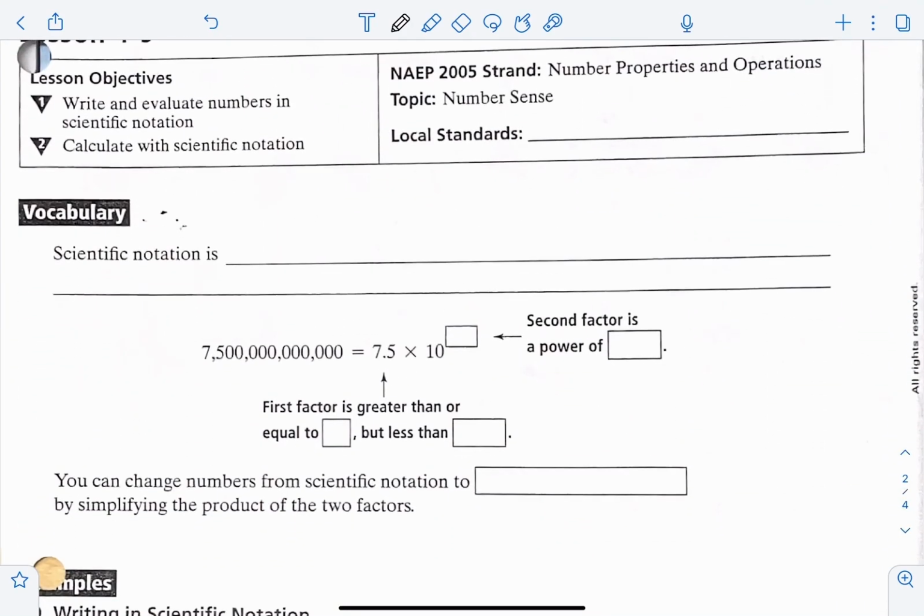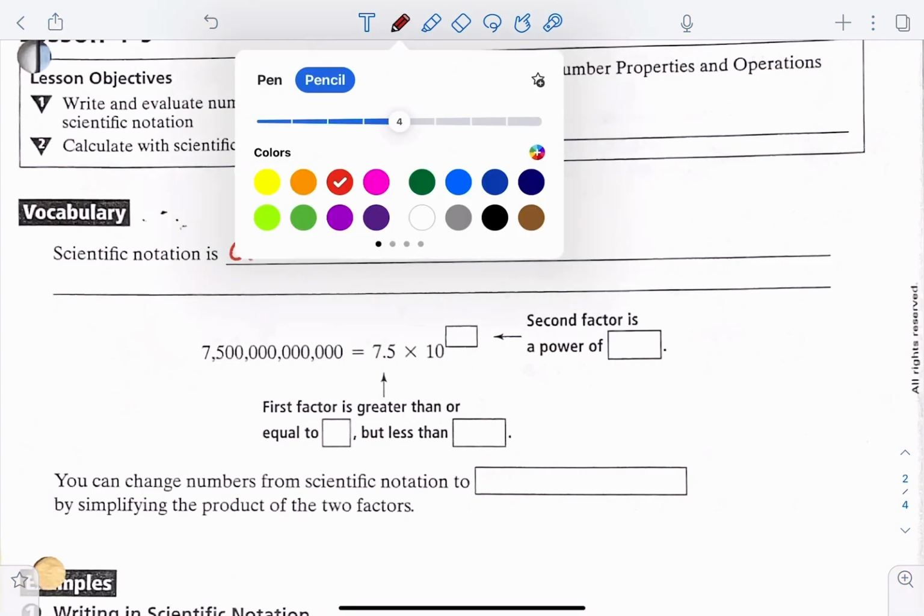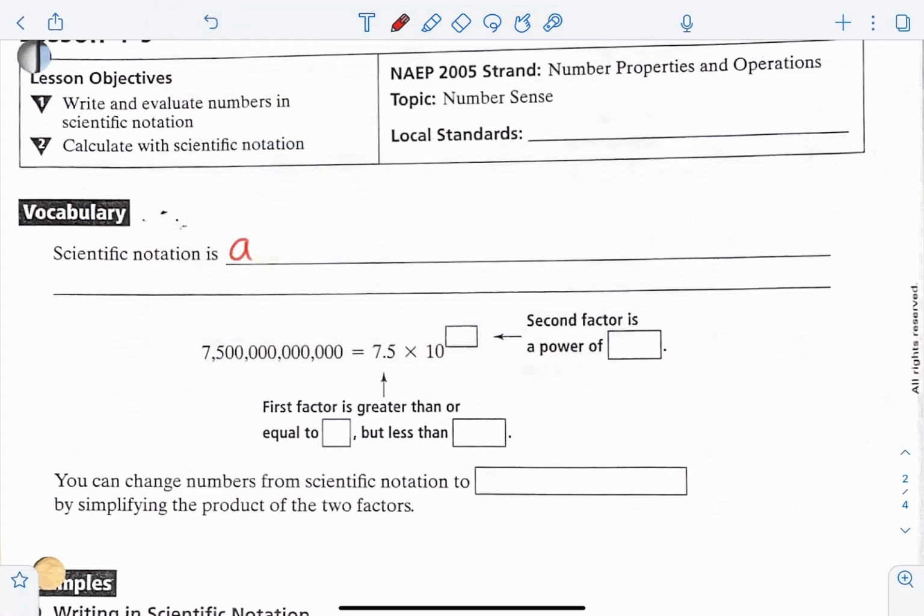Scientific notation is a way to write numbers using powers of 10.